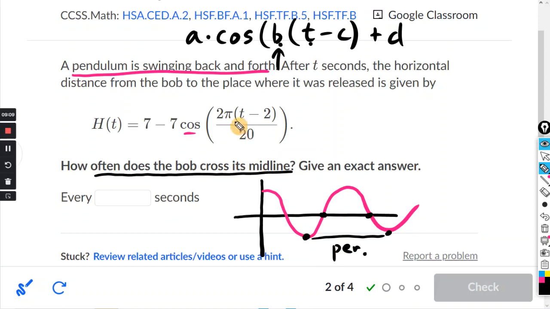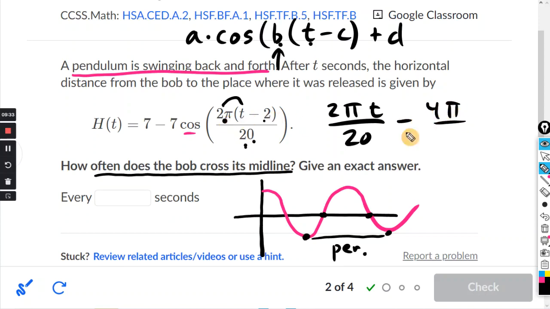Now, if you're adding or subtracting over a common denominator, each term is over that denominator. So if I distributed just this mess right here, I would have 2 pi t over 20. And I would have 2 pi times negative 2 over 20. 2 pi times negative 2 is negative 4 pi, and that's over 20.